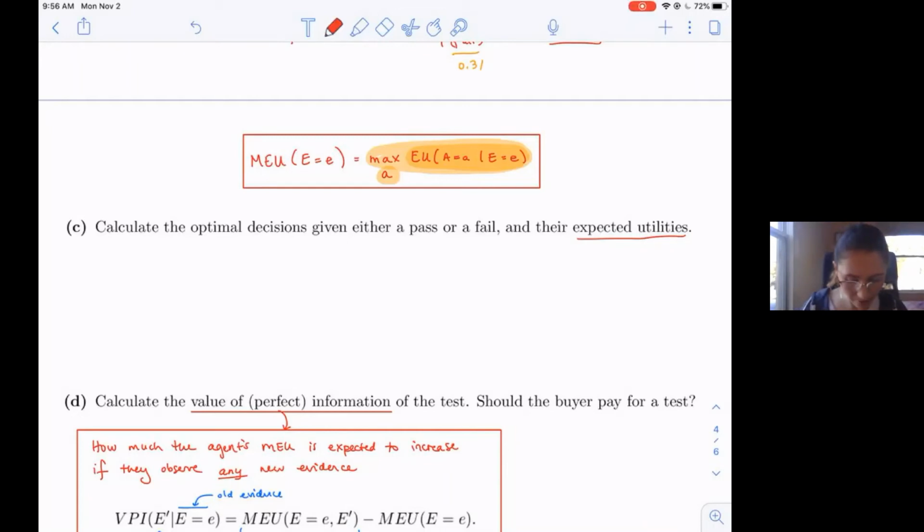So let's go ahead and do that. So let's write out some of these expected utilities that we have here.